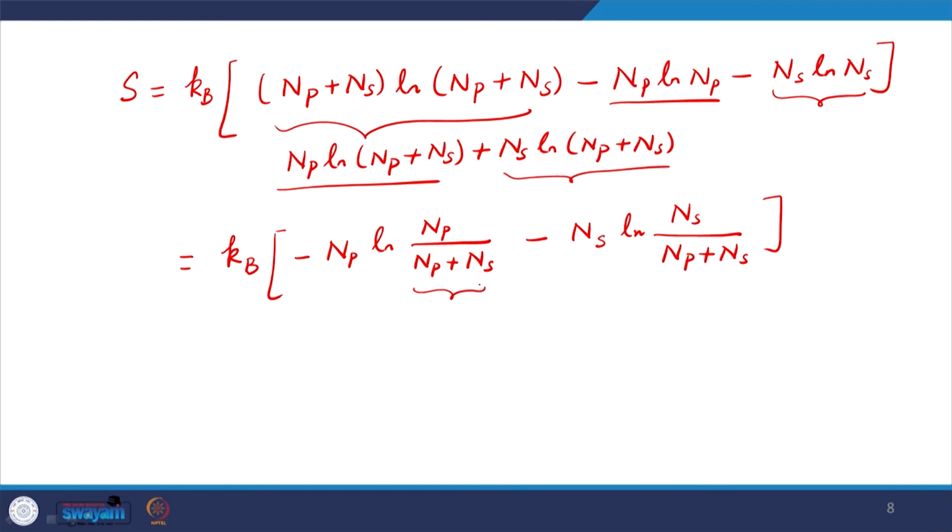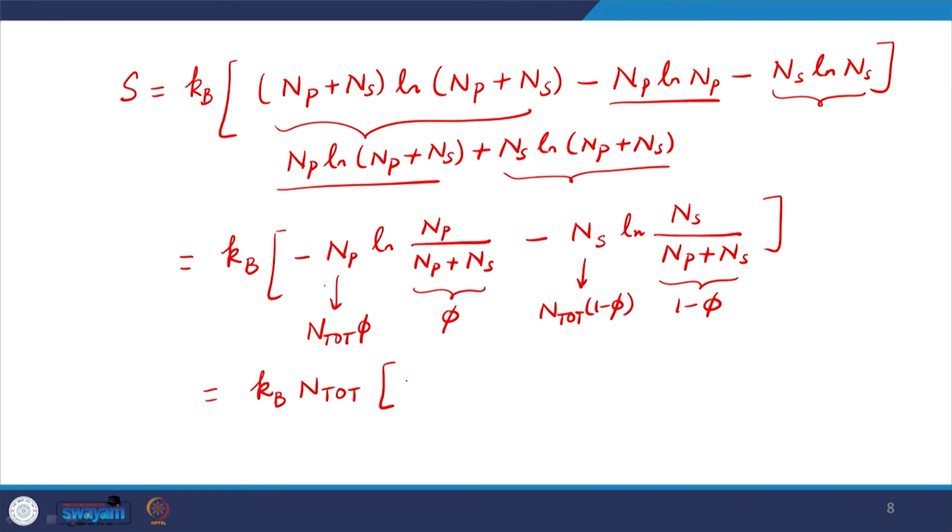Now, this quantity is equal to my phi. This quantity is equal to 1 minus phi. This quantity is n tot multiplied with phi. This quantity is n tot multiplied with 1 minus phi. So, we can write this as kB multiplied with n tot, minus phi ln phi minus 1 minus phi ln 1 minus phi.